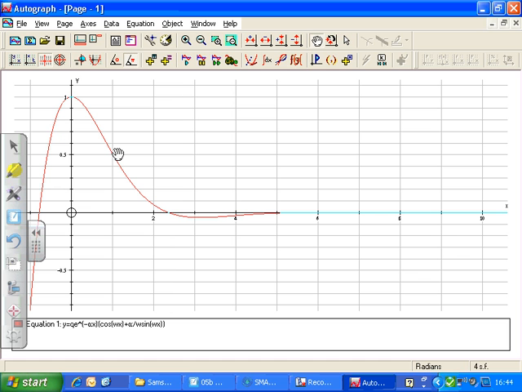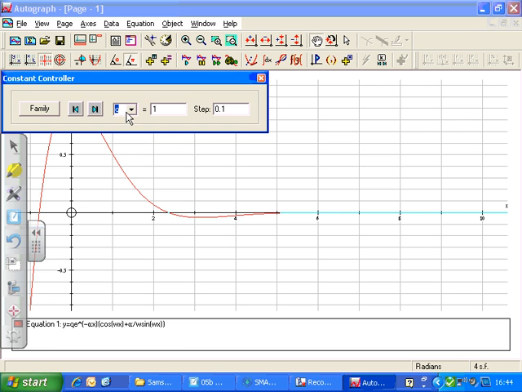Now, you can see that if we change the values of omega and x, each of the constants in here can be varied. Alpha represents the alpha constant, Q the charge, and w for omega. Q is the initial charge, and by default, all of these values are set at 1.